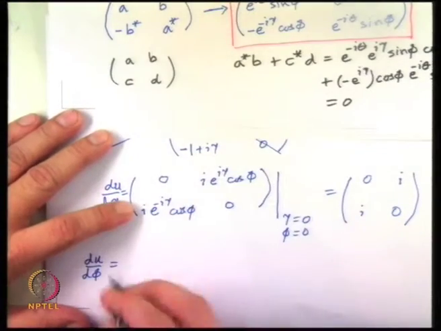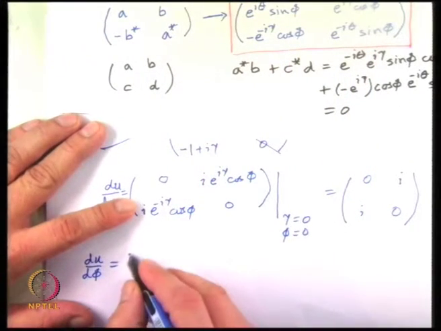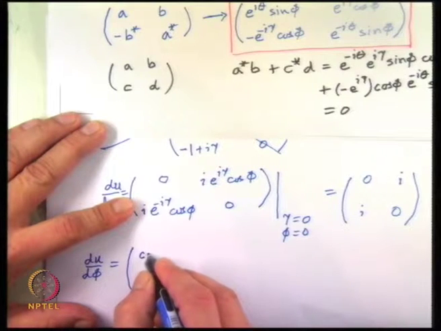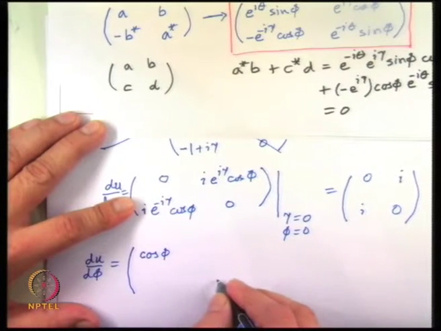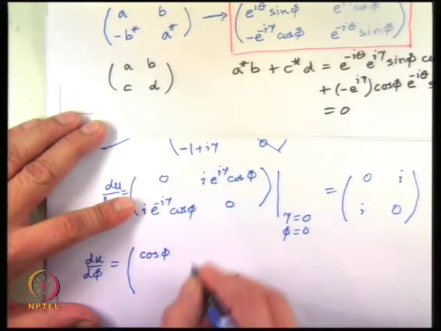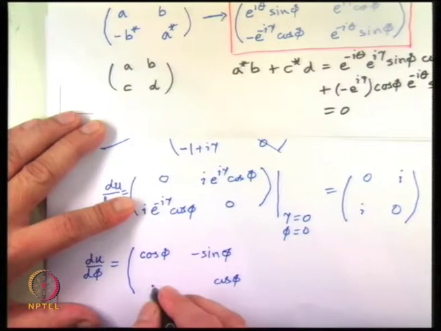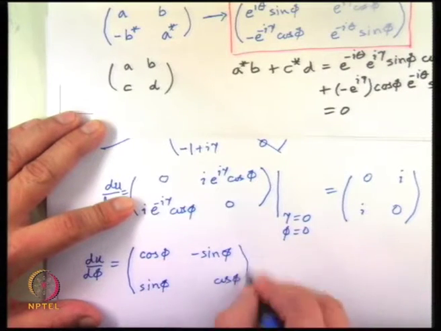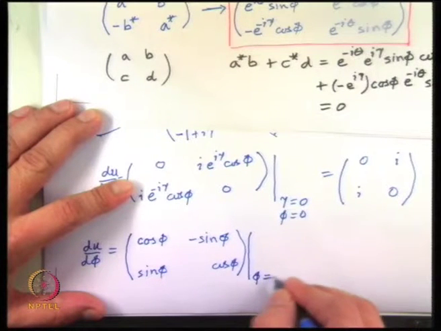So here I can set theta and gamma to 0 from the beginning, it doesn't matter, and then I get du by d phi equal to cos phi, minus sin phi, sin phi, cos phi, evaluated at phi equal to 0.